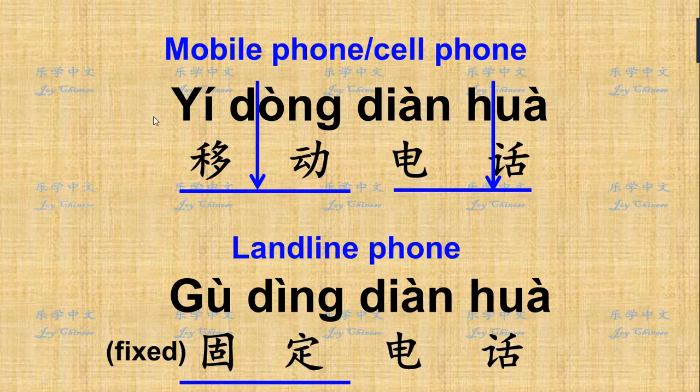In contrast with the mobile phone, we have landline phone. In Chinese, we call it 固定电话. 固定 means fixed, not mobile. So, landline phone, 固定电话.